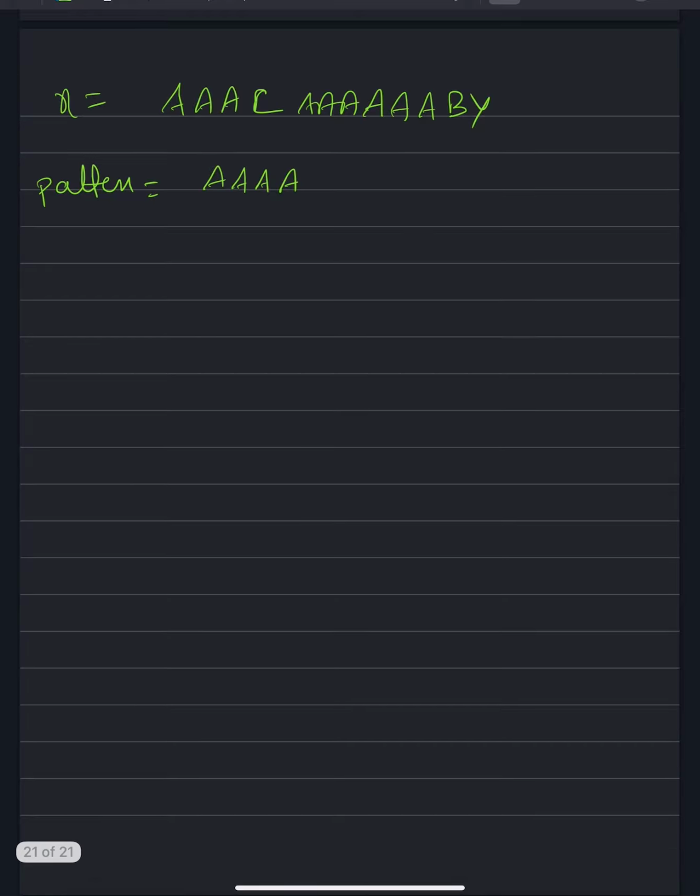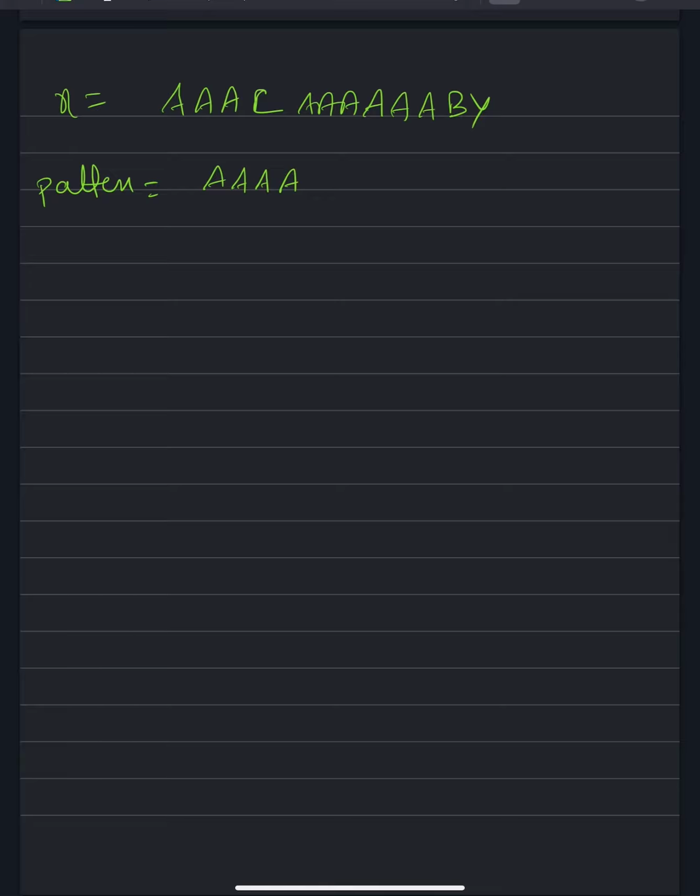Suppose the given string is A C A A B Y, and the given pattern is A, A, A. So the pattern is given, and we need to find in how many places it is coming in the given string X.